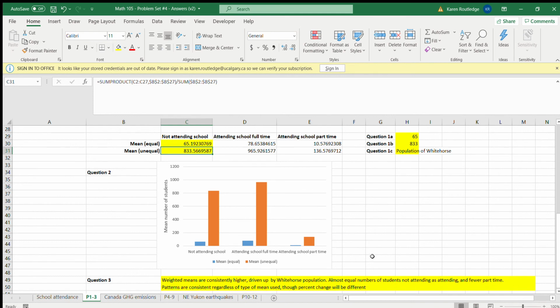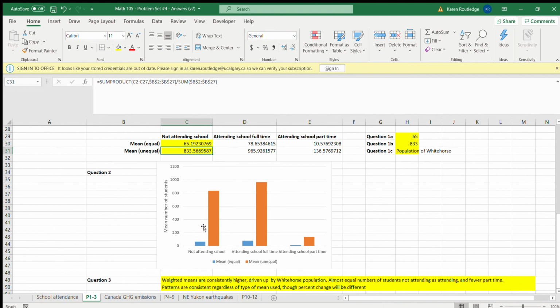And then lastly, for question number 3, the interpretation is not particularly interesting here, but I wanted to give you a little more practice and emphasize that just getting numbers, just making plots, isn't the end game. Ultimately, we want to be able to interpret our data. The key points: the unequally weighted mean is consistently larger than the equally weighted mean.